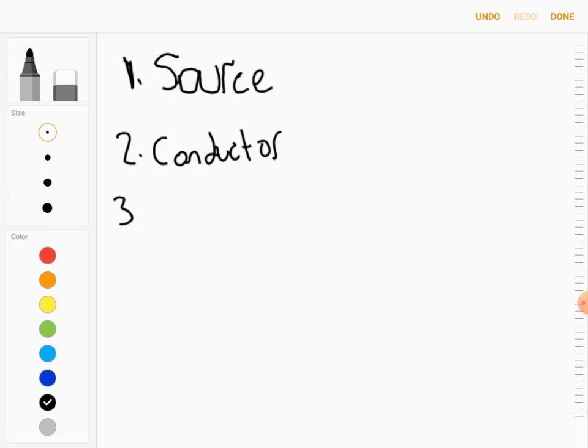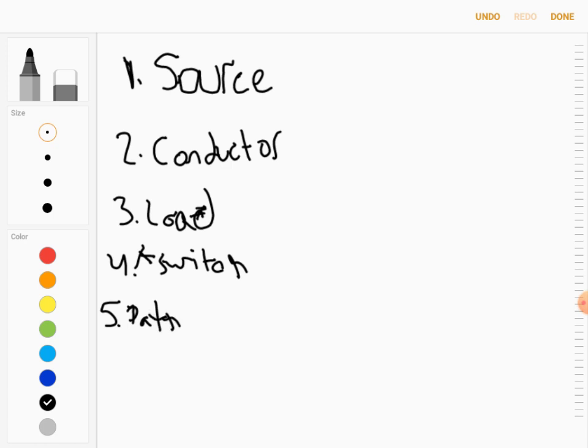And it also needs to have a load. That could be the end result. And it may or may not have a switch, but it could. It's not necessarily needed. And it also needs to have a path. Those are the 5 things that it could have.